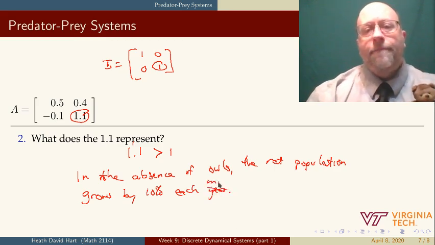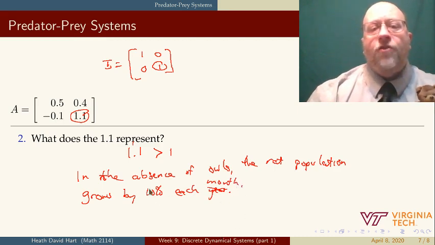Sorry, this is a monthly change. The rat population would grow if the owls were not present to contain their population. This number is 10% bigger than the corresponding number for the identity matrix.